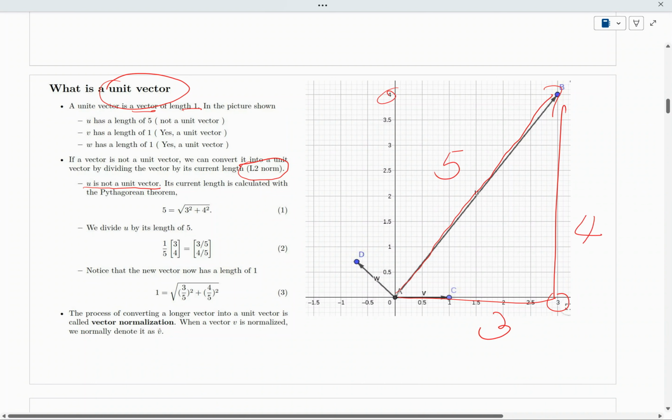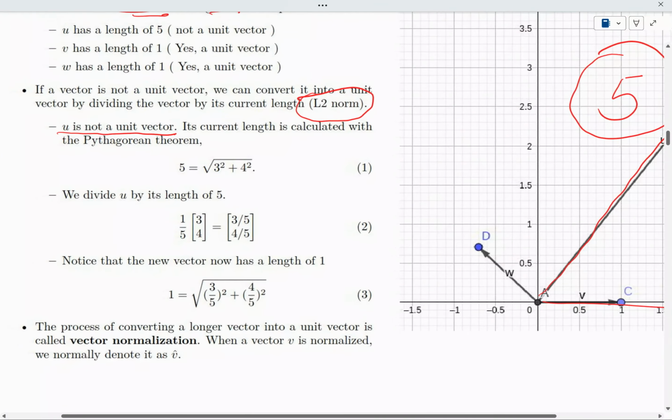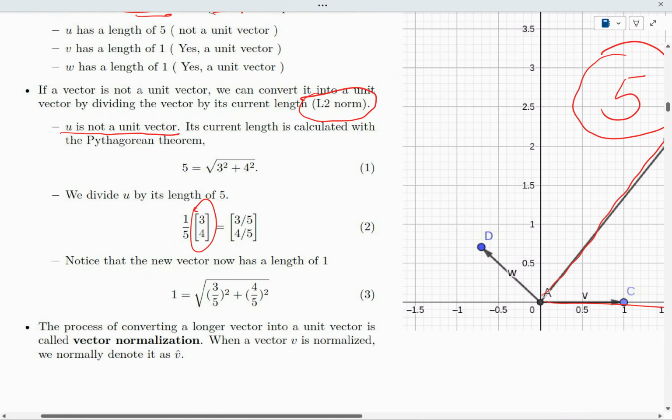Now, all we have to do is take the vector and divide by the length, and we'll get a unit vector. For example, this vector is 3 and 4. If we divide by the length, this now has a length of 1. Let's test it out. If we take the L2 norm of this, we take the first one squared, the second one squared, and the square root.